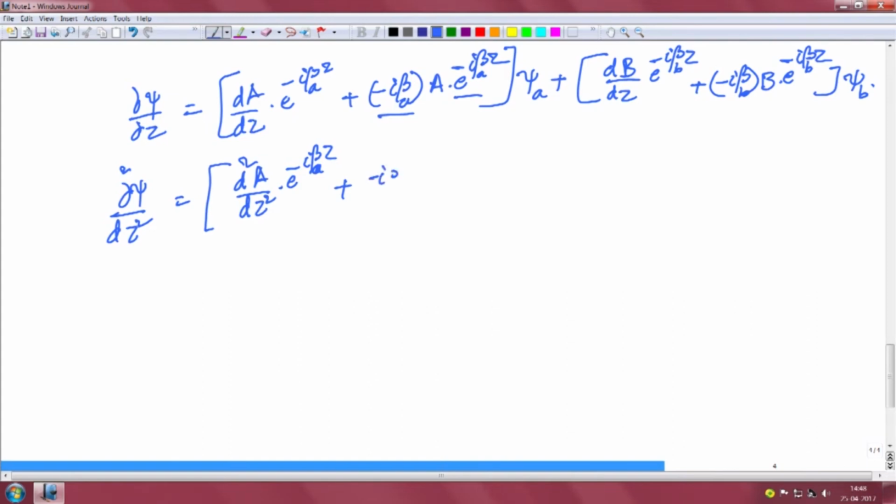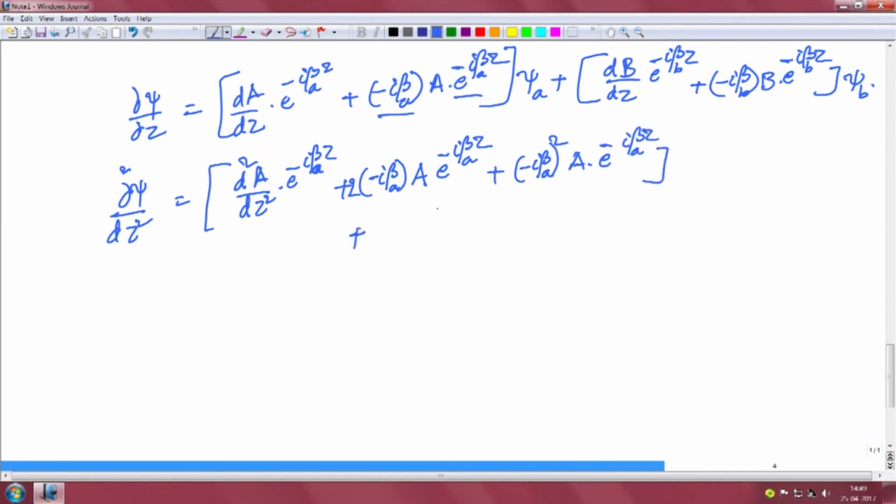So we can write it as 2 d psi A by dz into dA by dz e power minus i beta A z, because already one term is there, you can just set double of that. Plus, differentiating once again this factor, minus i beta A whole square into A into e power minus i beta A z.